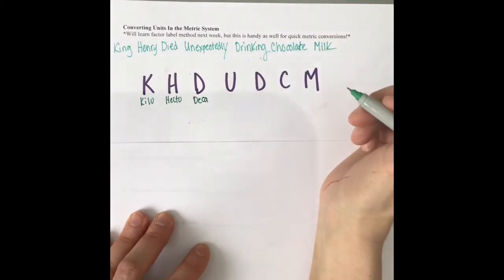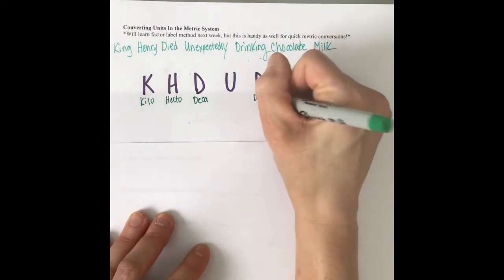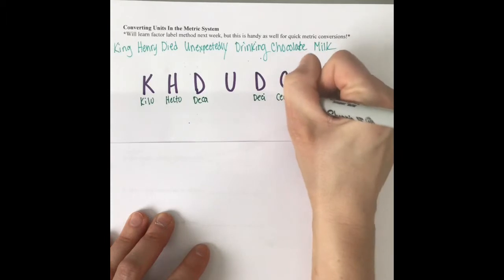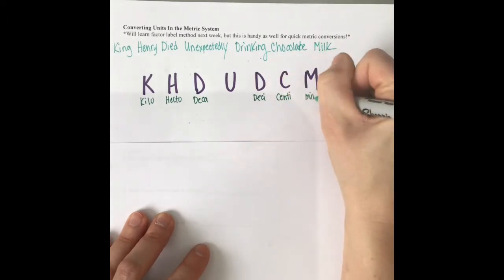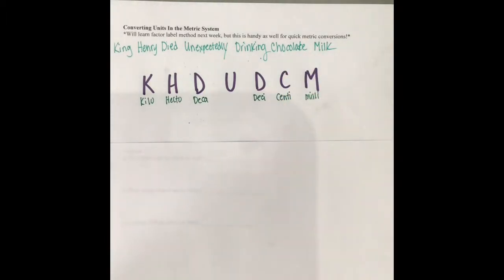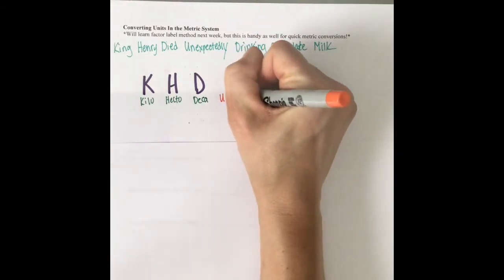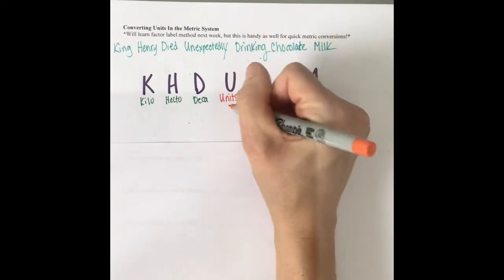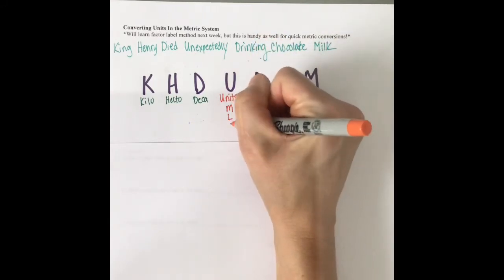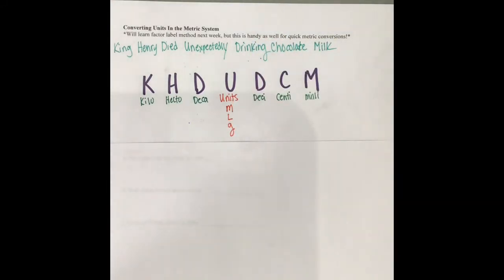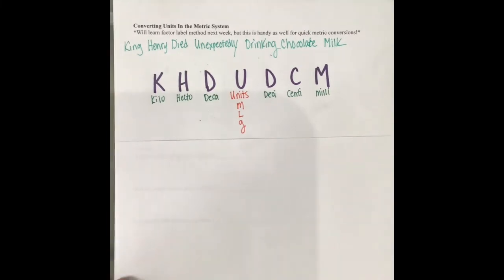We're going to skip U for a second. The next D is deci, centi, and milli. U stands for units, okay? And our base units in the metric system are meters, liters, and grams. King Henry died unexpectedly drinking chocolate milk.